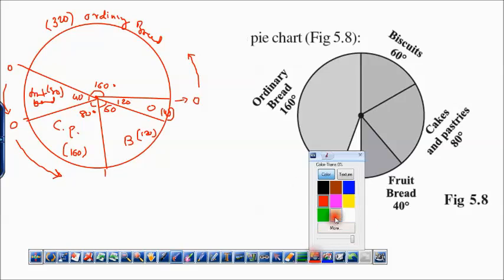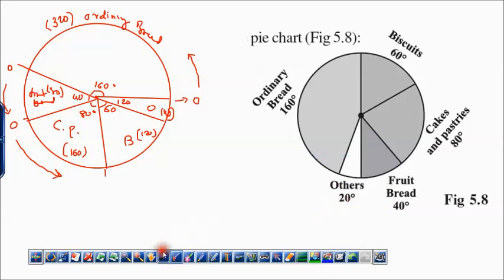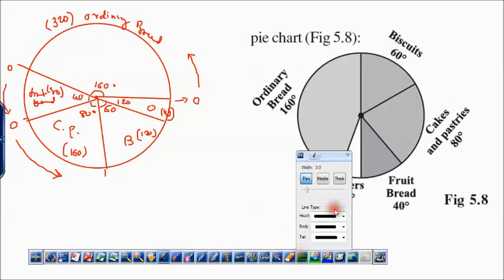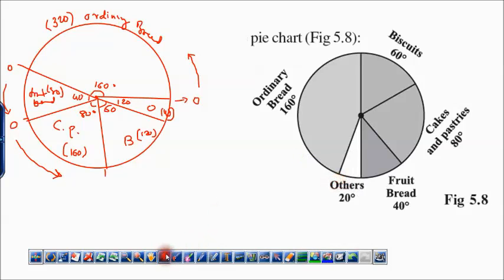It is just because 160 degree has been drawn somewhere else. Otherwise it makes no difference, both are correct. Only that 160 degree is here, this 160 degree is here.